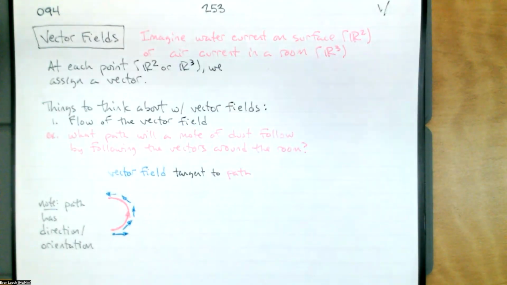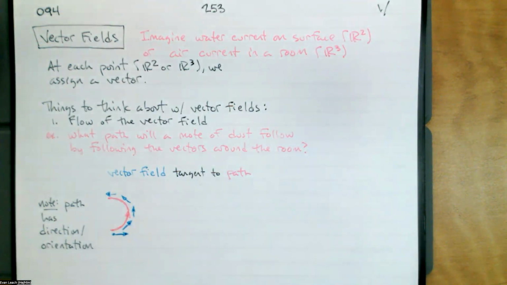So we'll say that the path has an orientation to it, a direction that it's traveling. Now, the path that we get will depend on where we start and where that lands us in the vector field.